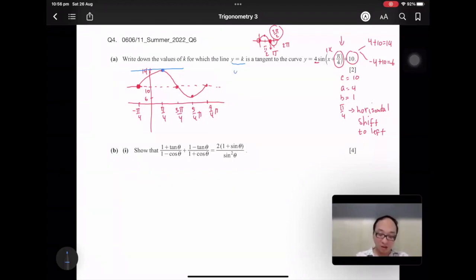So this one is y equals 14. And the other one can be here at the minimum value, so the tangent touches at one point. So the other value is 6. So the values of k: k can be 14 or k can be 6.